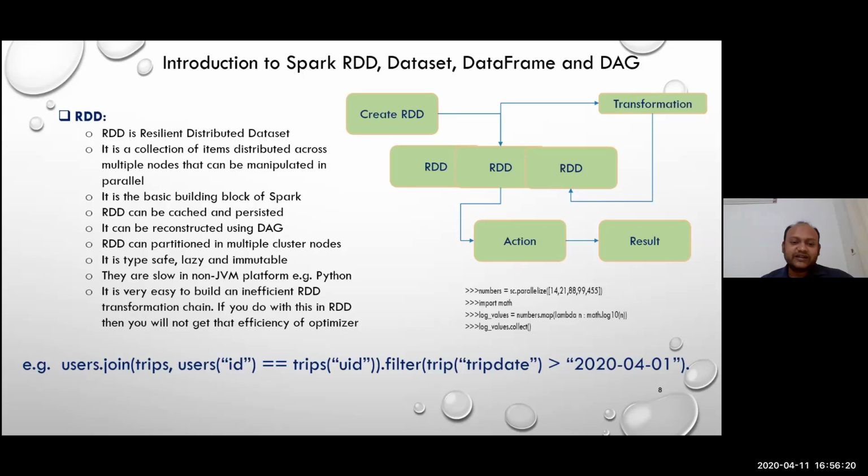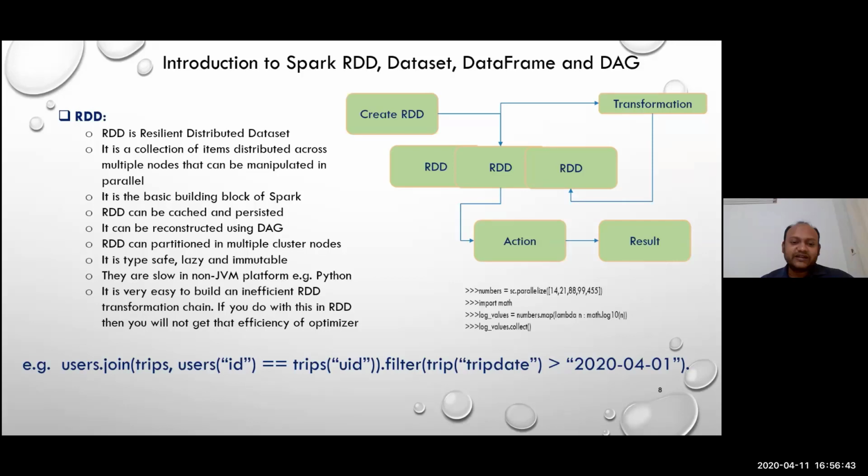So let's check this example. Let's say a Uber trip application. We are trying to join two sets of data. One is trip and one is user. Based on the trip user ID as well as the user ID, we want to do some kind of operations.